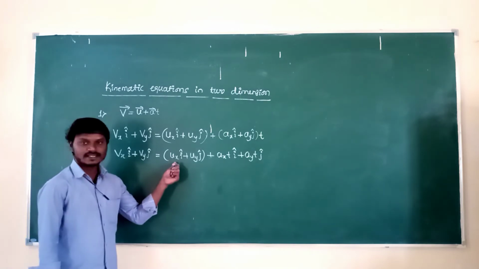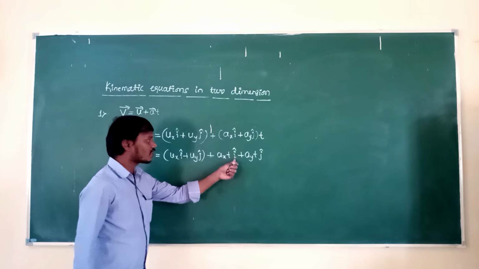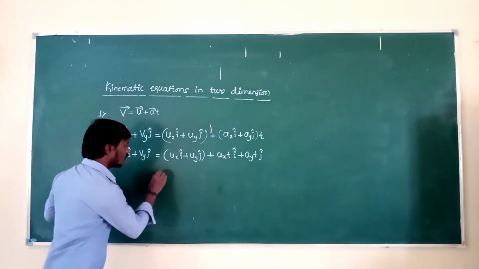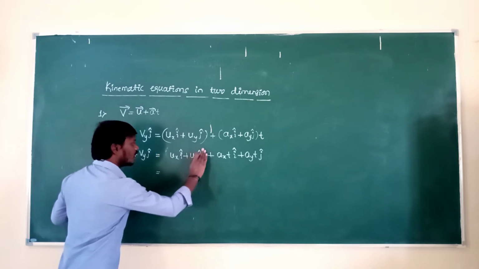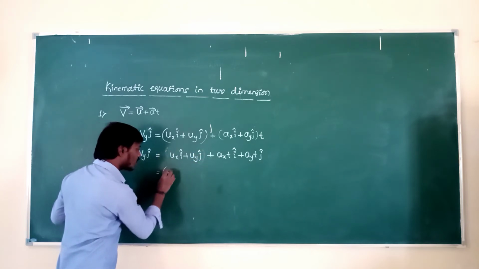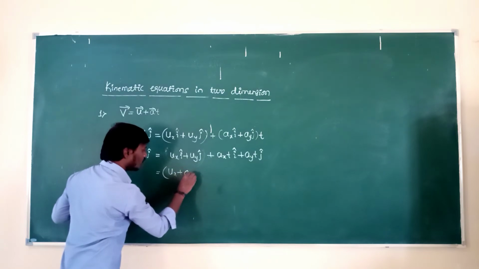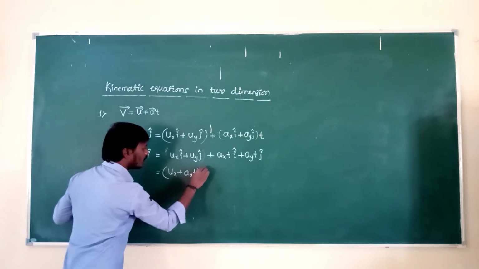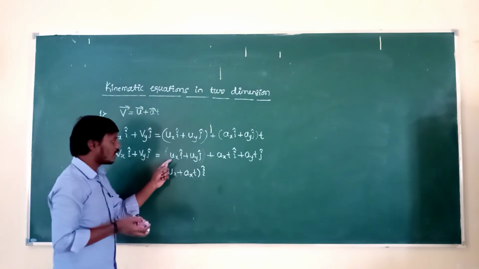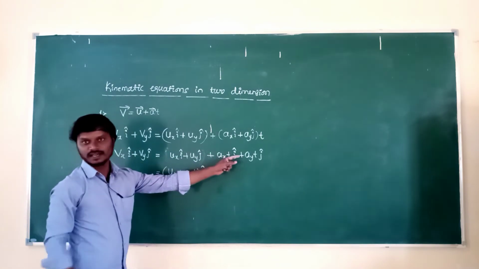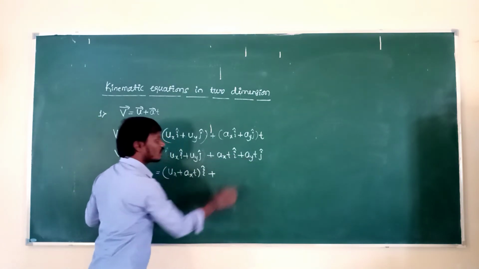See here in the right hand side, I will take I as common. In these two terms, what is common? I is common. Then in the bracket we will write Ux plus Ax into t. Then plus, in these two terms what is common?